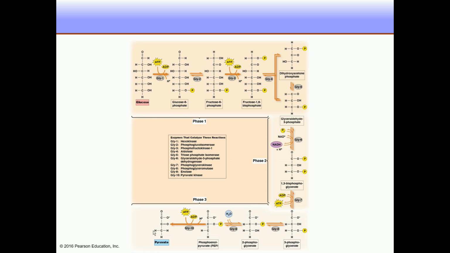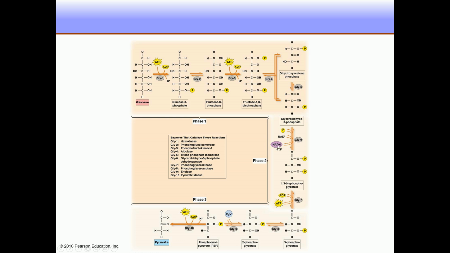So from one molecule of glucose, 2 molecules of pyruvate are formed, and in this process 2 molecules of ATP are used in the first phase, and in the second phase 4 molecules of ATP are produced. So the net gain of ATP is 2 molecules of ATP, and here NAD plus is getting converted into NADH.